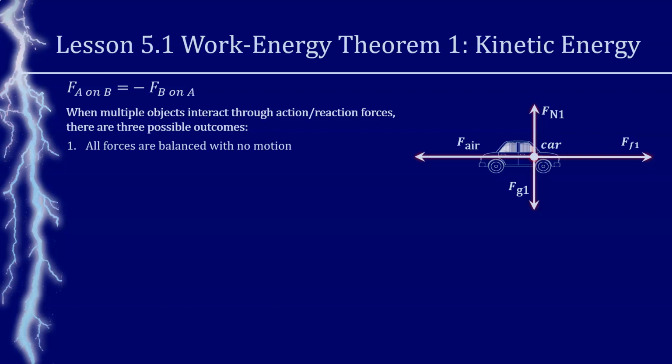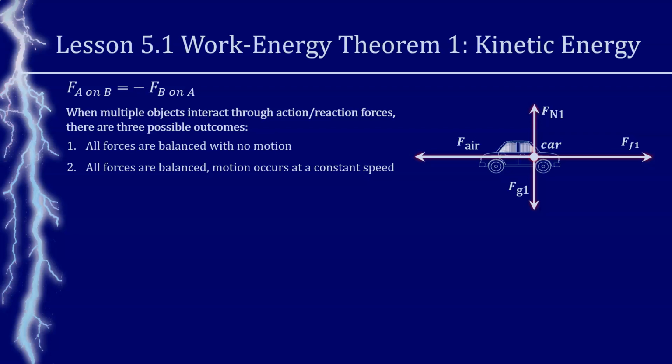But let's say I also have an air resistance force that equals the friction force. What is the motion going to look like here? Well, the car is moving, but it's just moving at a constant speed because all of the forces are balanced. That's the second possible outcome if I have forces acting on an object. If my forces are balanced, I could have motion at a constant speed.